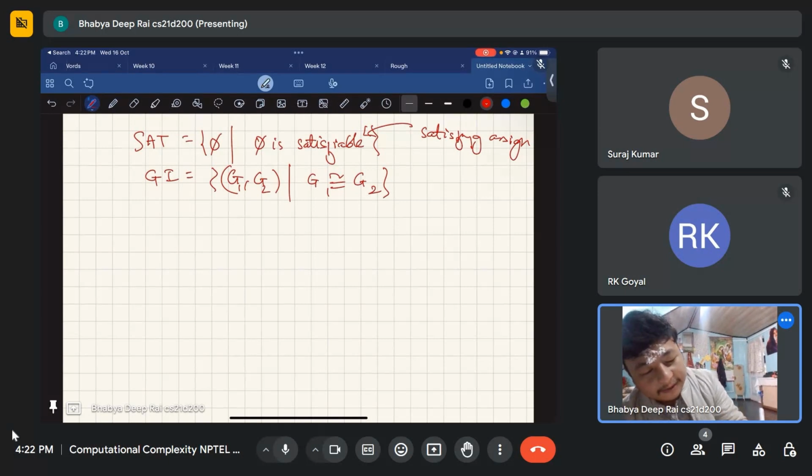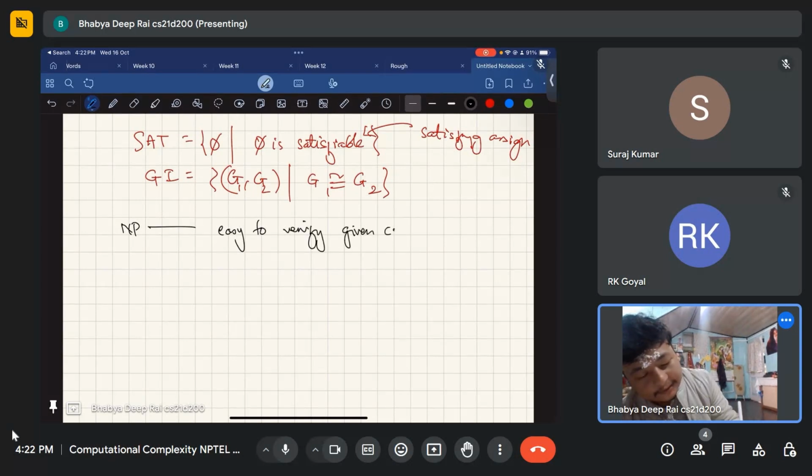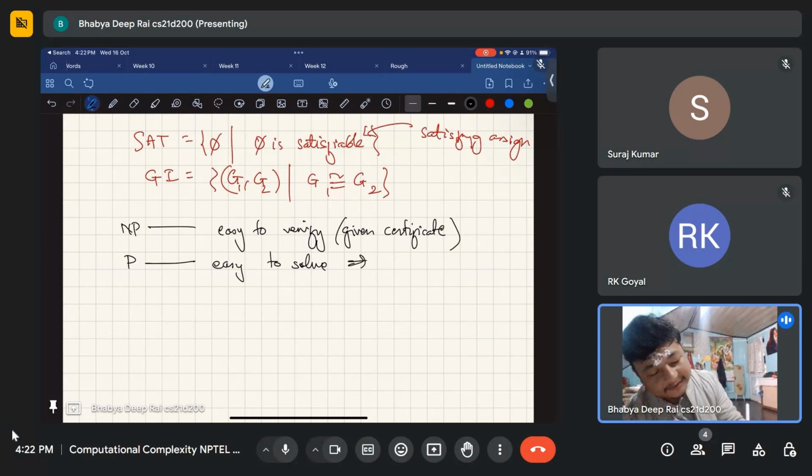So now what I can say is that NP problems are easy to verify given a certificate. Sometimes it's just called easy to verify, but that does not easily make sense. And P problems are easy to solve, and because they are easy to solve, they are also easy to verify.